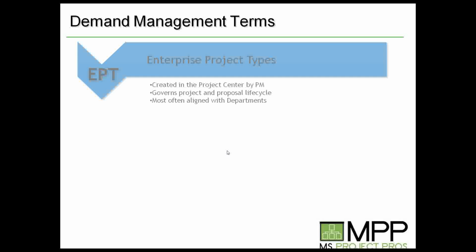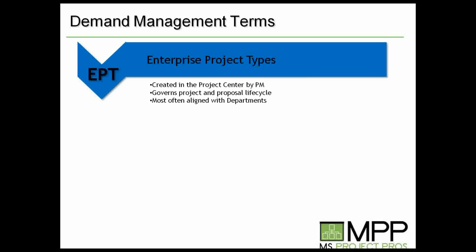Some terms are going to be emerging with this whole notion of demand management. The first one is enterprise project types. When a proposal is first kicked off, there are going to be very specific types, and those types are typically in alignment with departments. As I mentioned, software development is an IT department type project, as opposed to HR or maybe sales, where you would have a project type in alignment.